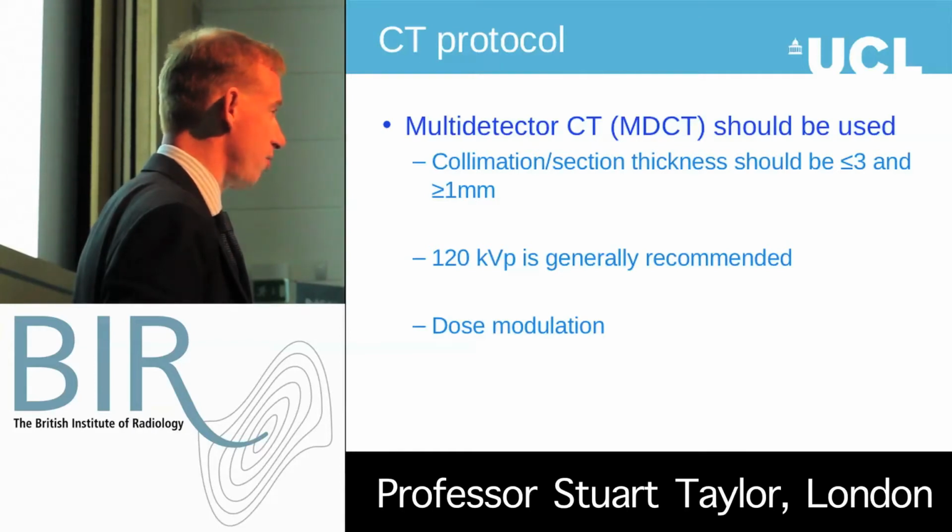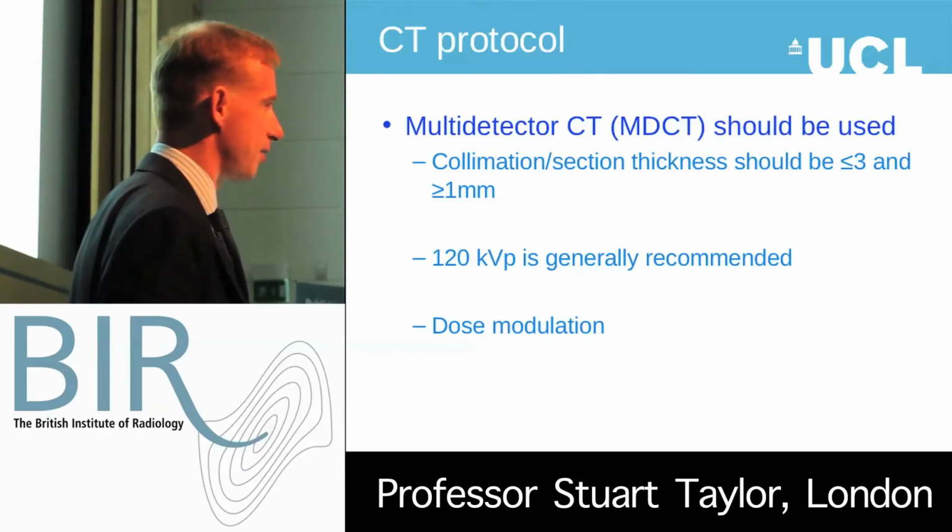Stick to normal kVp of 120, you don't have to change that, and do turn on your dose modulation. You don't need high mAs to look at the inside of the colon, because the contrast between the gas and the polyps and cancers is very high.